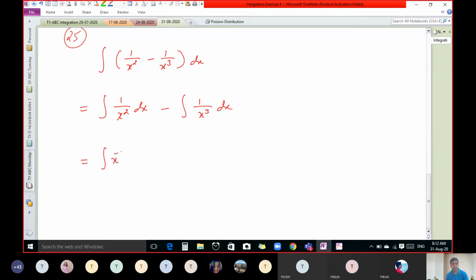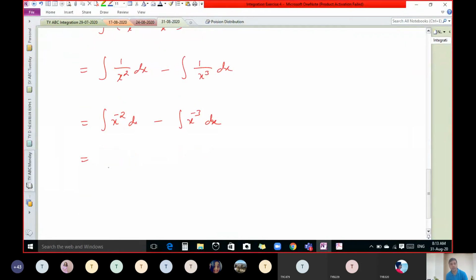So you can write this as x raised to minus 2, and this you can write as x raised to minus 3, and then you know there is a rule for x raised to n. Use the rule x raised to n for this. So what do we get? x raised to minus 1. Please bear in mind, minus 2 plus 1, that is minus 1, divided by minus 1, minus x raised to minus 2 upon minus 2. Okay, then you have to write the bracket.